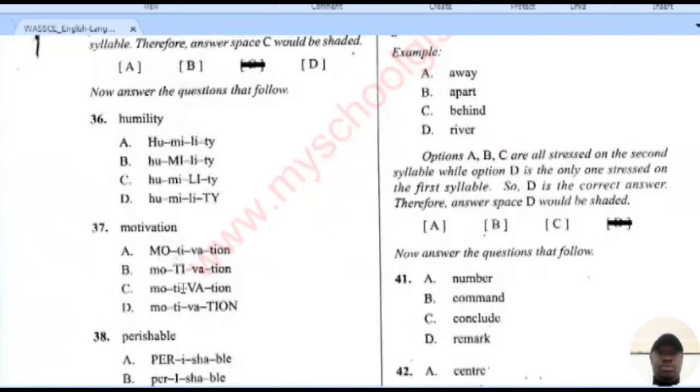So you can see the option C here, the syllable ve is written in capital letters. So that's what you pick. So in the syllable stress, you just pick in a word the particular syllable that has the correct stress written in capital letters.